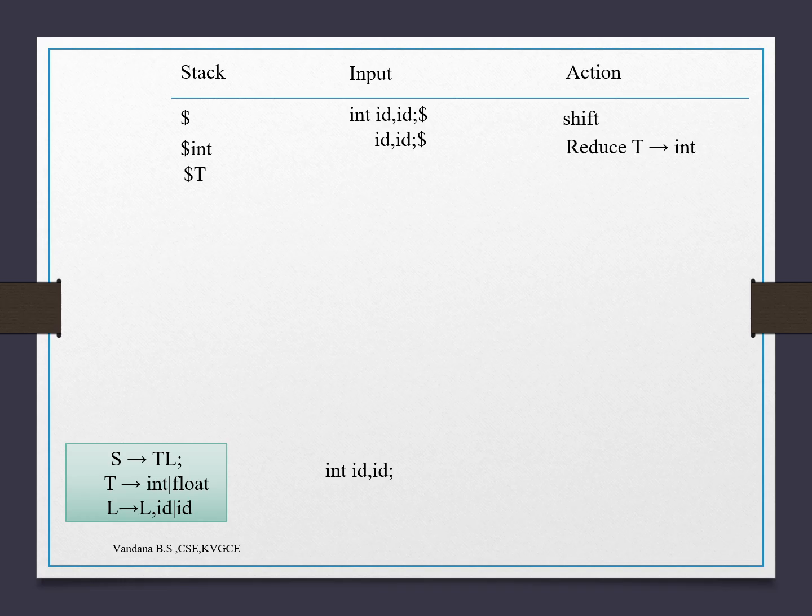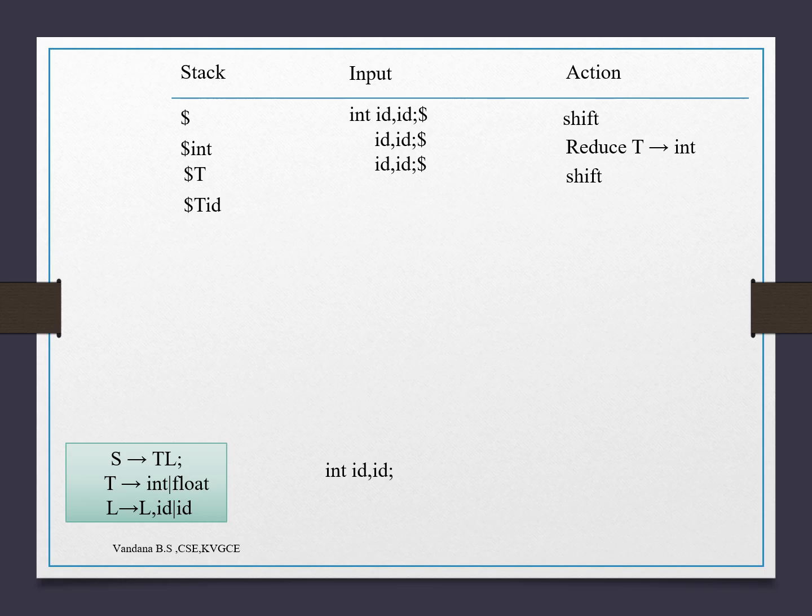Now, what is the input? ID. Is T a handle? Look at the stack top. No. Look at the input, ID, so we shift it. Now the stack top is ID.